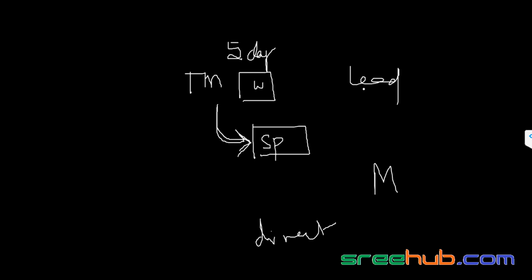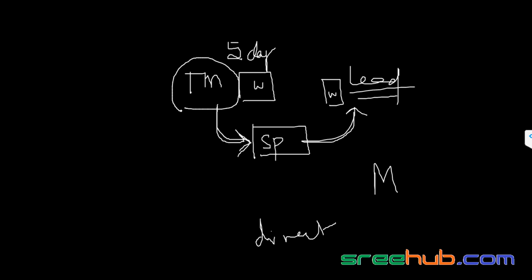Now it is up to the lead to get this Word document from SharePoint and do some modifications. Whenever the lead gets the Word document, he locks the permission of the team member.